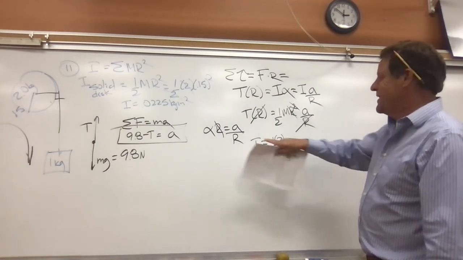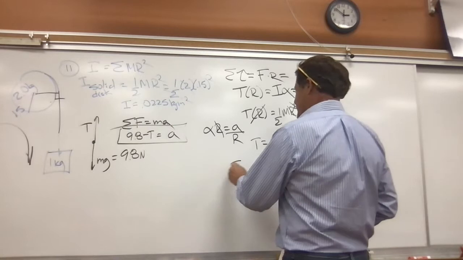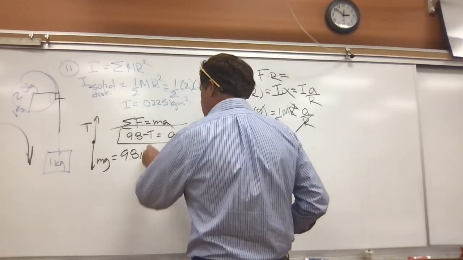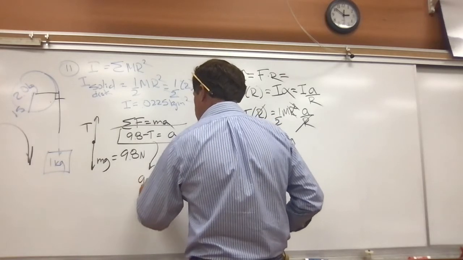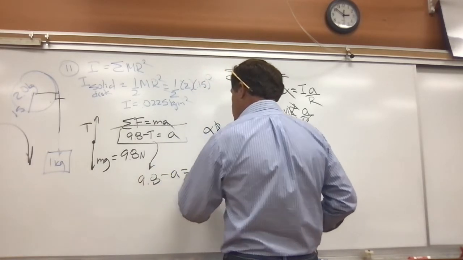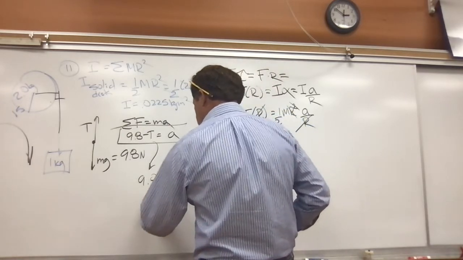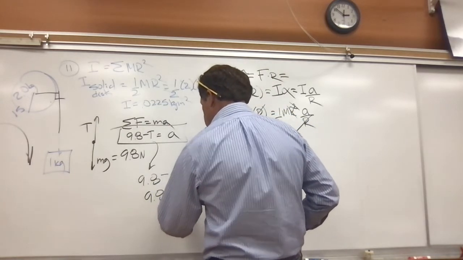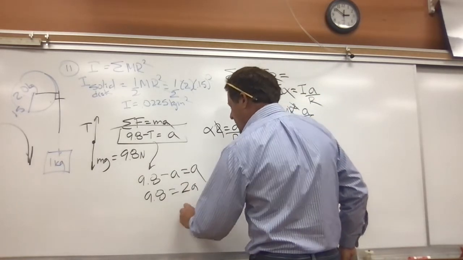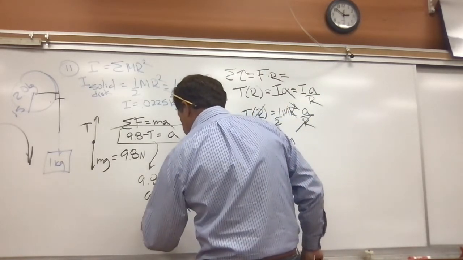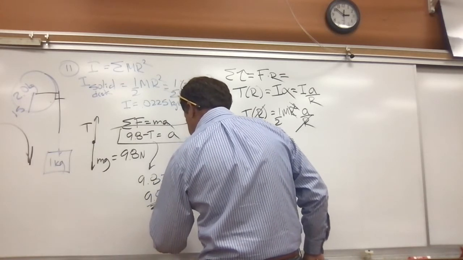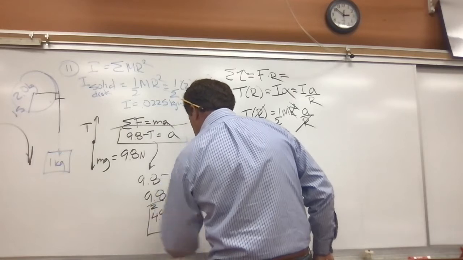And so now we take this tension, which is equal to A, and from here we have 9.8 minus A is equal to A. We add the A to the other side and get 2A, and therefore A is going to be equal to 9.8 divided by 2, which is 4.9 meters per second squared.